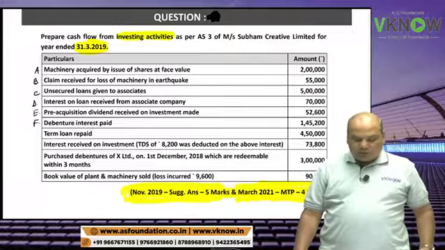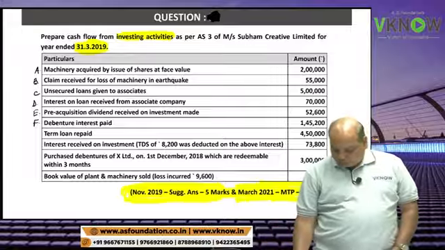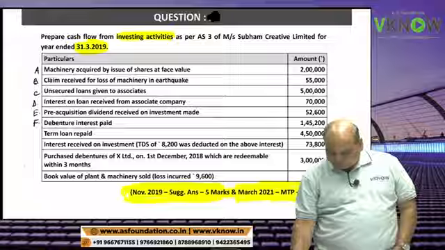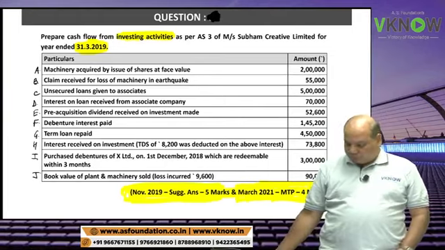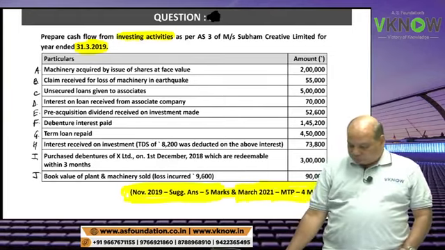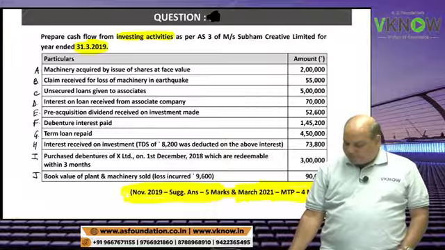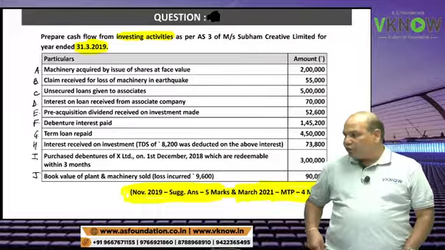Point F: debenture interest paid, 1,45,200.